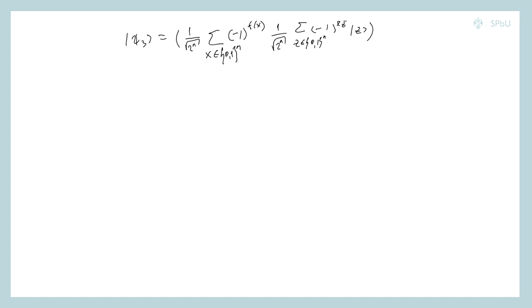And all this we should multiply by the state of the second qubit, (|0⟩ plus |1⟩) over the square root of 2.